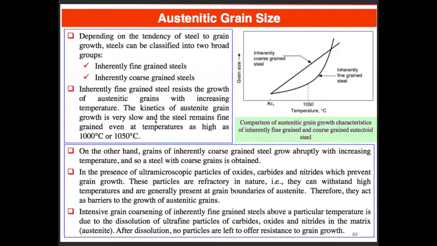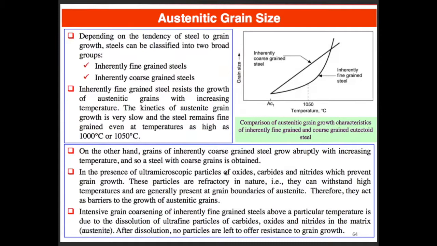But if you have alloying which gives you sufficient grain boundary pinning that you retain a small austenite grain size, right? Inherently coarse-grained steels, we've got high processing temperatures, so the grain growth is very fast, right?